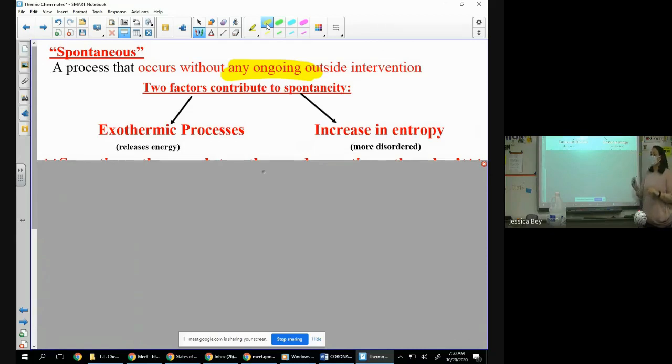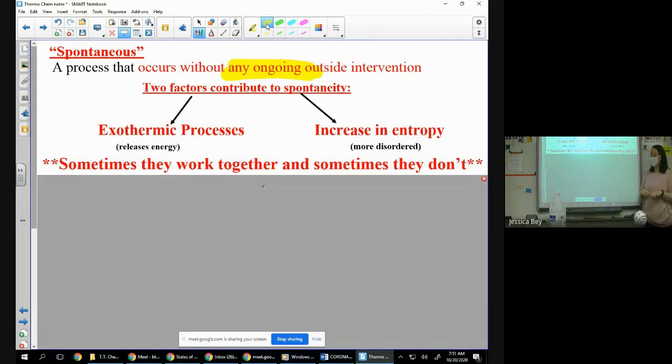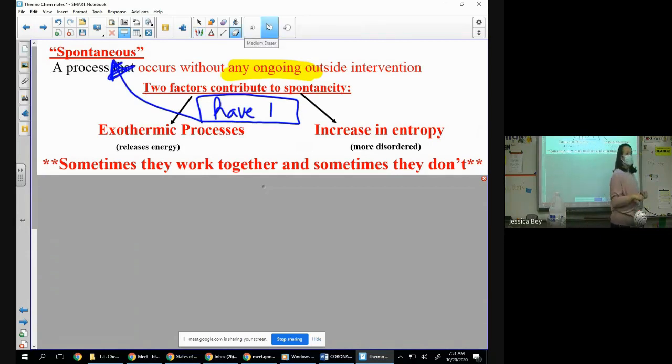You can guarantee on your quiz, I'm going to say, here's a reaction. Is it spontaneous? Yes or no, and why? Now, sometimes they work together and sometimes they don't. You have to have at least one. And if you have one of these 2 things, it can be spontaneous 99% of the time.